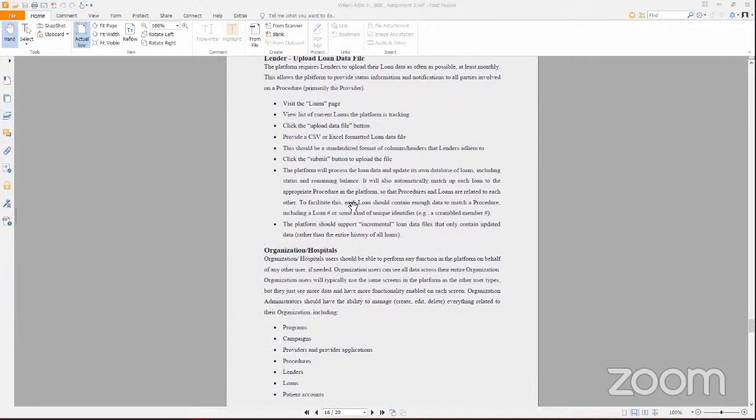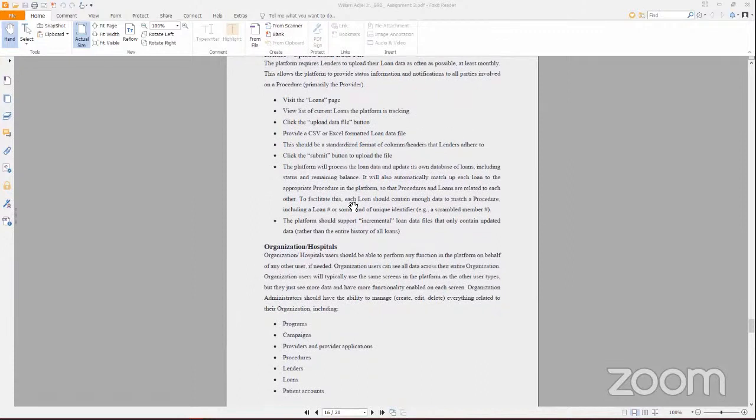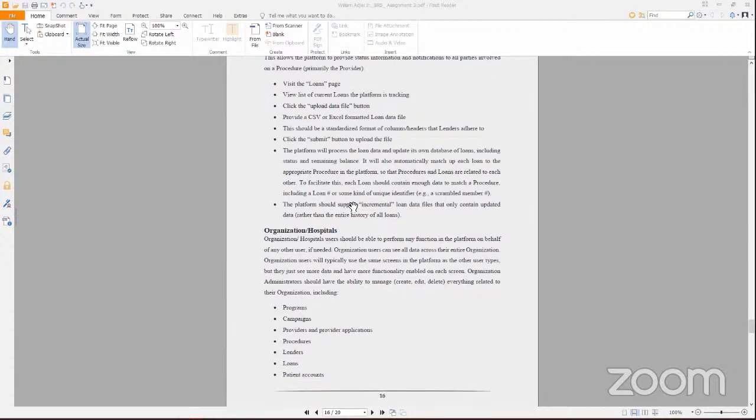You click on submit. Then the platform will process the loan data and update its own database of loans, including a status and remaining balance. It will also automatically match up each loan to the appropriate procedure in the platform, so that the procedures and loans are related to each other.